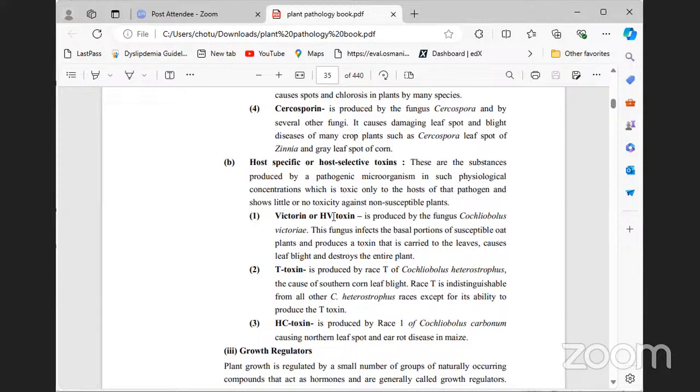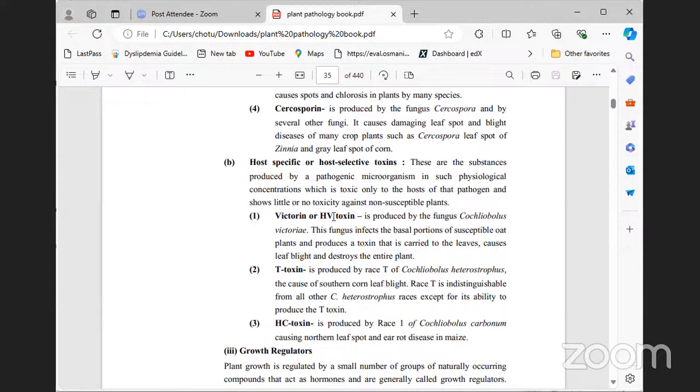These are substances produced by pathogenic microorganisms, toxic at physiological concentration only to the host of the pathogen, and showing little or no toxicity against non-susceptible plants.